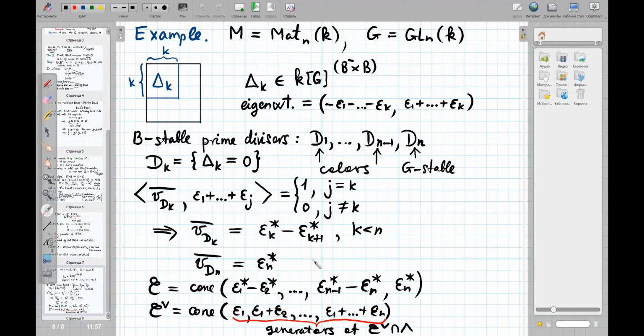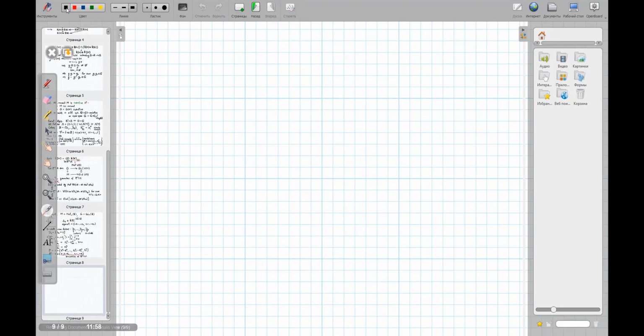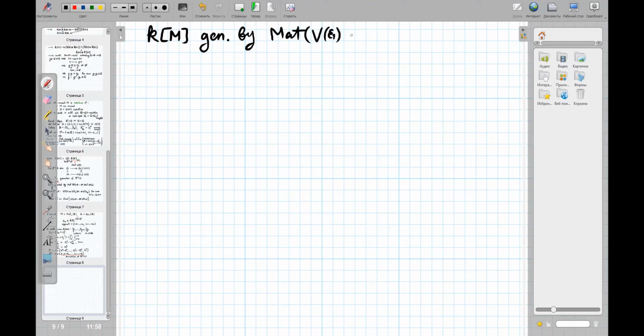But in this case, we can see, so let me write it here on the next page, that K of M is generated by the space of matrix entries of V of epsilon 1 plus etc. plus epsilon n.